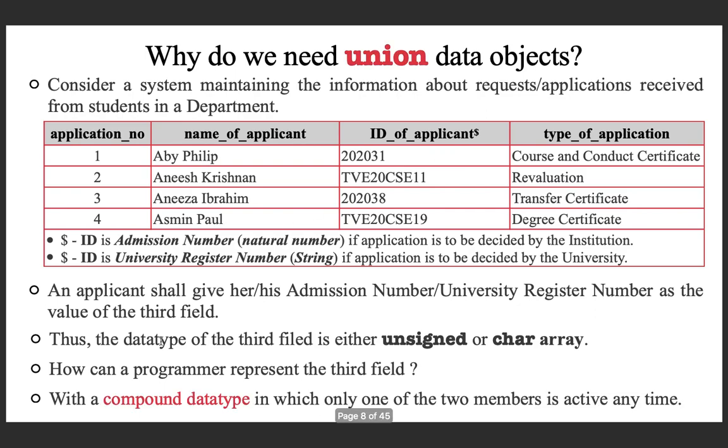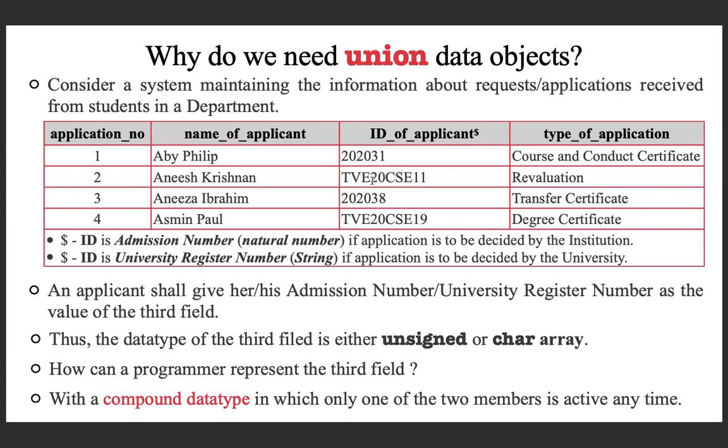The answer is, you can deal with it with a compound data type which is a union, in which only one of the two members is active at a time. For an application, the ID is the admission number in the college, or it could be the university registration number, but it cannot be both. I think you are getting the requirement.